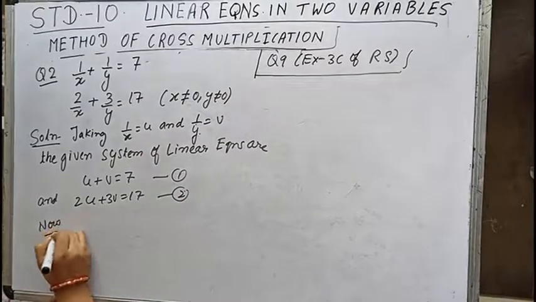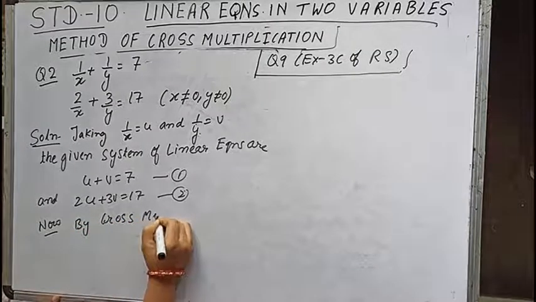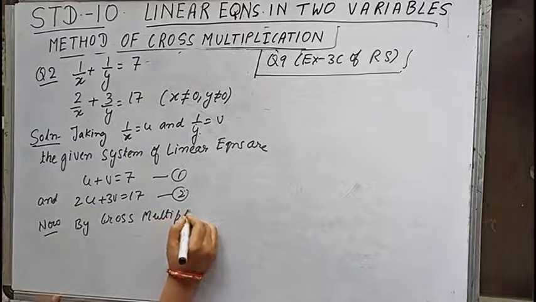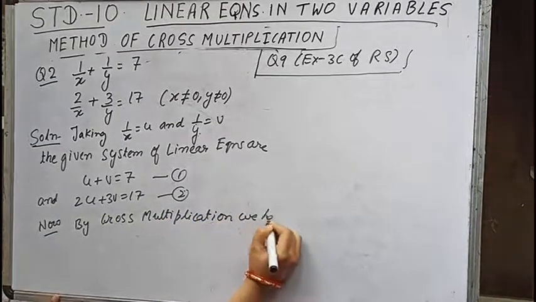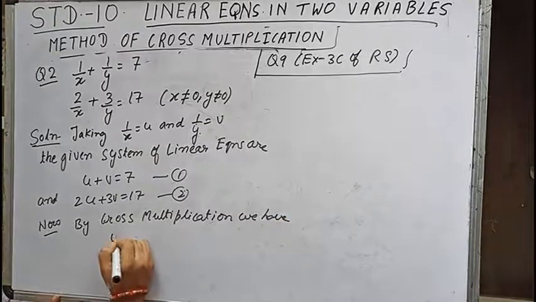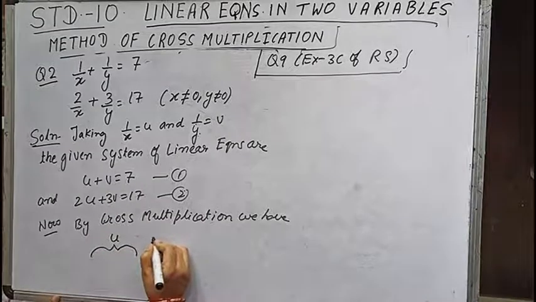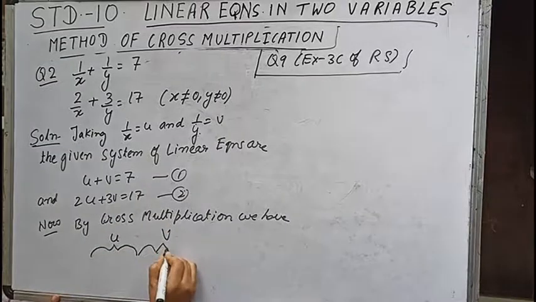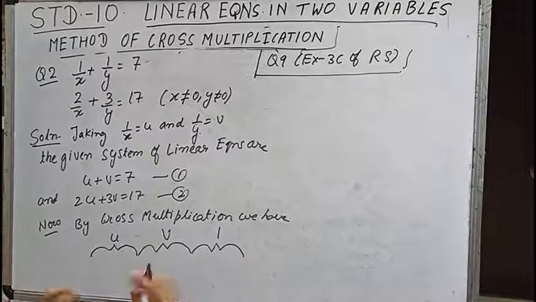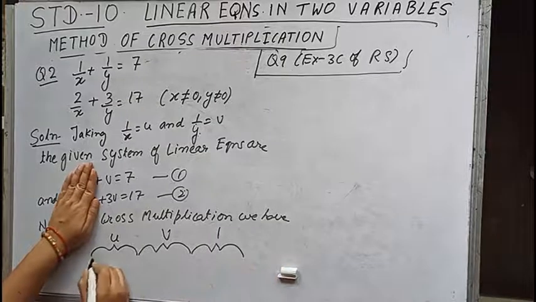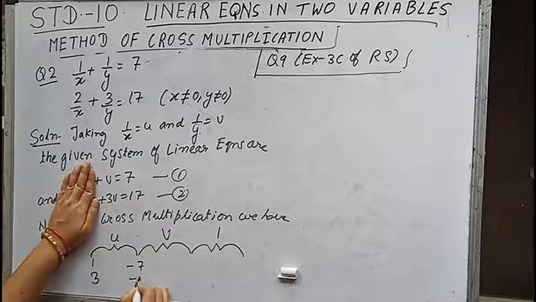Now, by cross multiplication, we have u, v and 1. Now below u we will be writing this one 1, 3 and minus 7, minus 17.